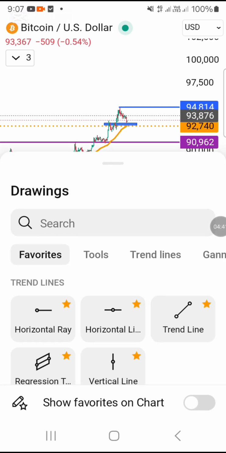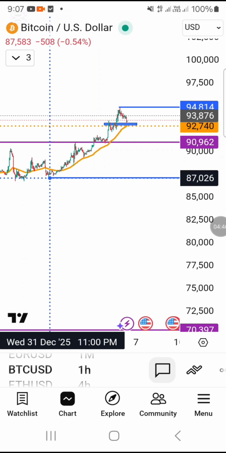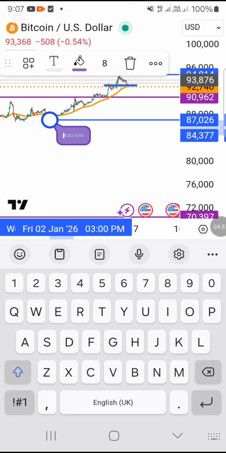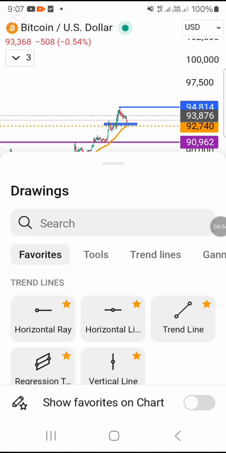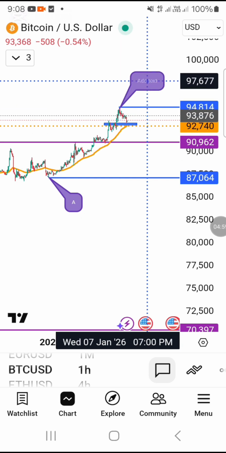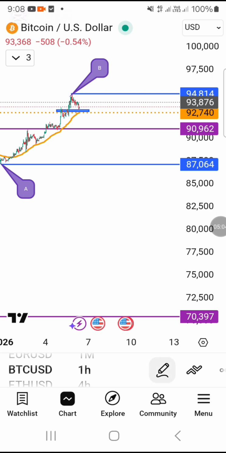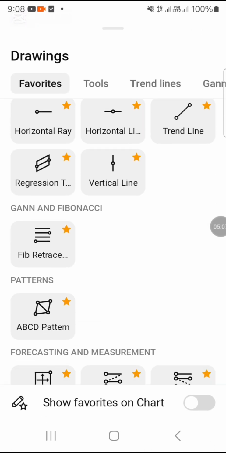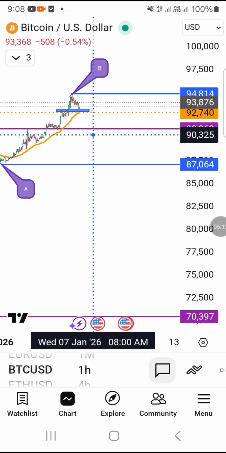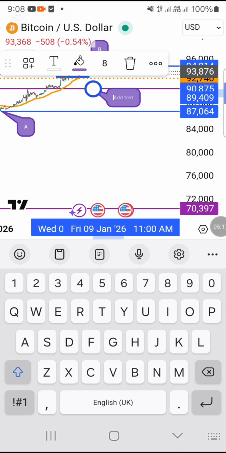To make it easier for me, I need to indicate the discount as my point A, and then indicate the premium as my point B, right? And then the difference between A and B, I'm going to indicate as my point C. Do you get? As my point C.